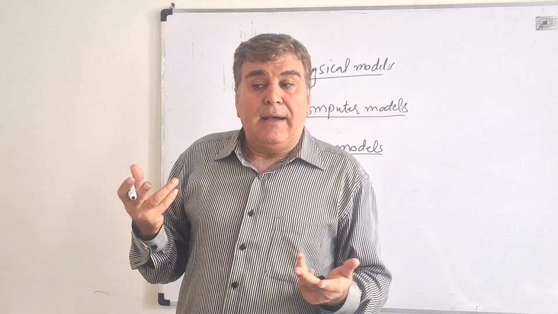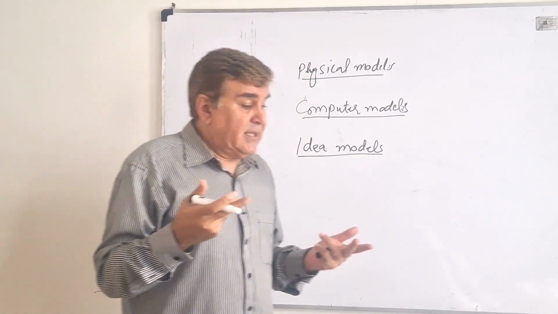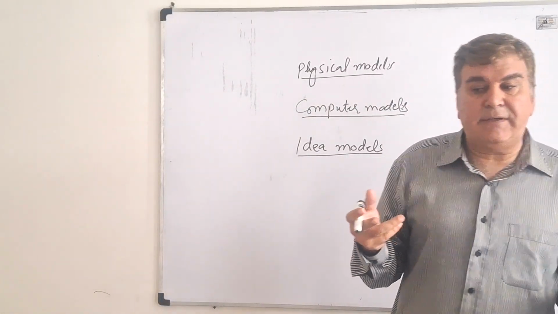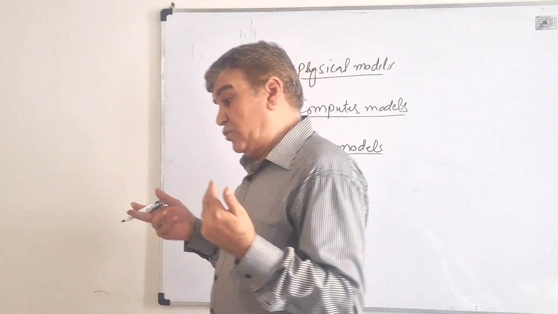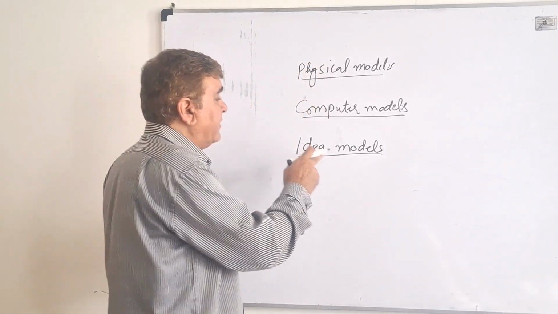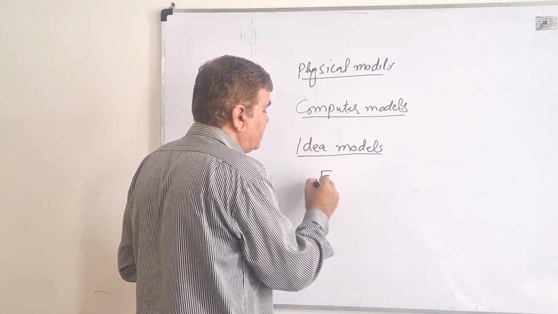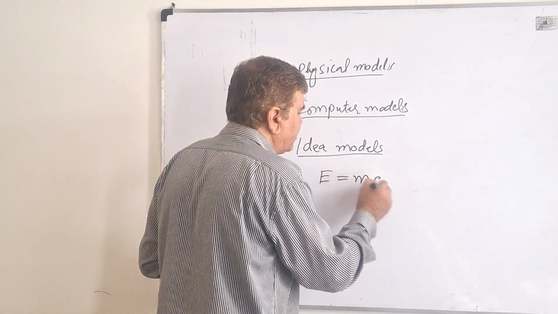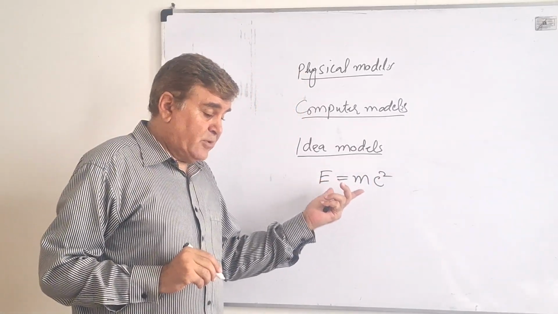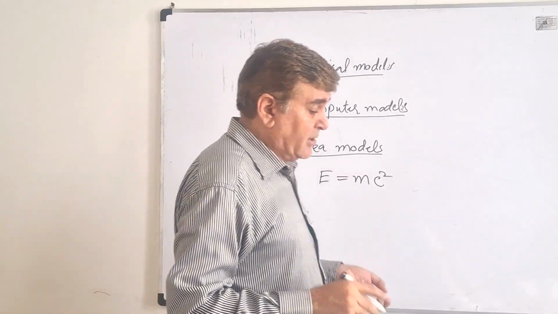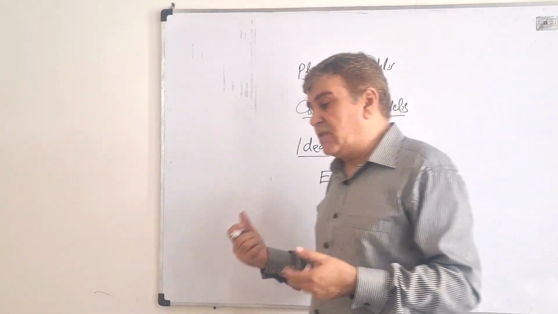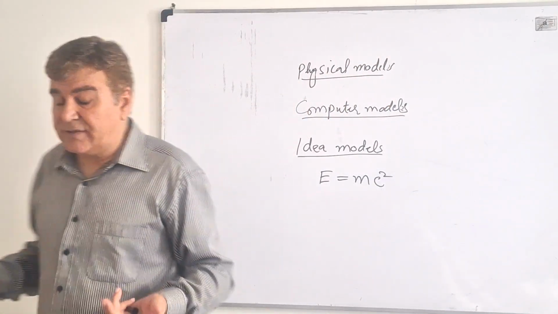For example, in the case of the theoretical model of Einstein's special theory of relativity, with the help of that theoretical model, that idea model, Einstein was able to prove a very strong relation, E equals mc squared. This is obviously the relation responsible for different changes at the nuclear level that enable us to construct nuclear reactors.